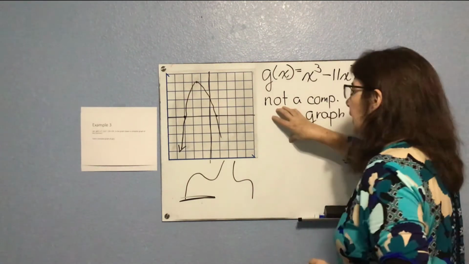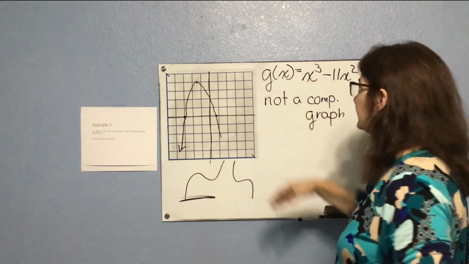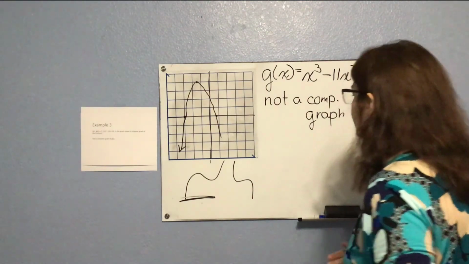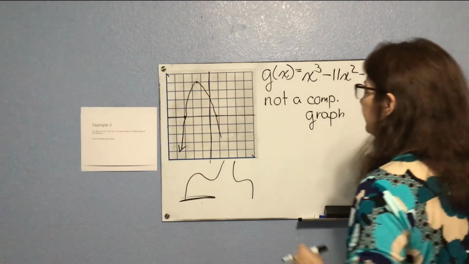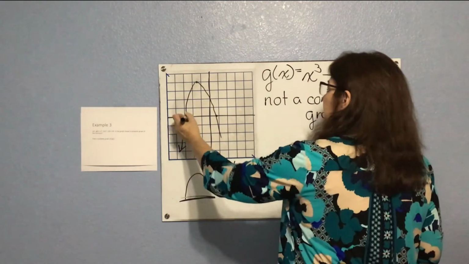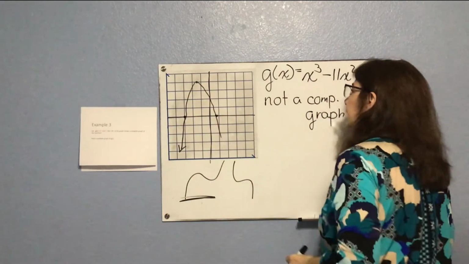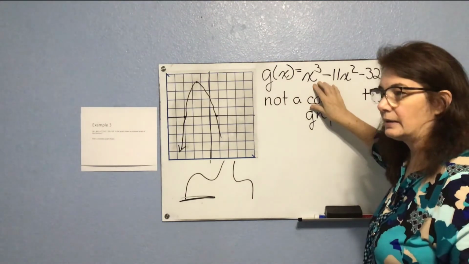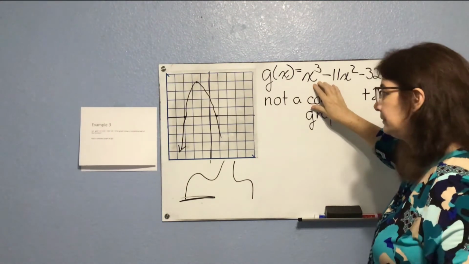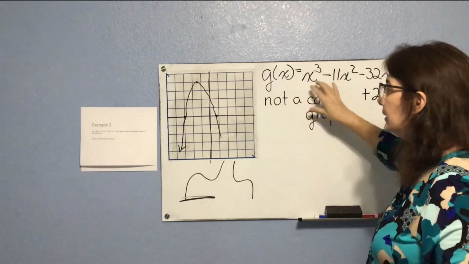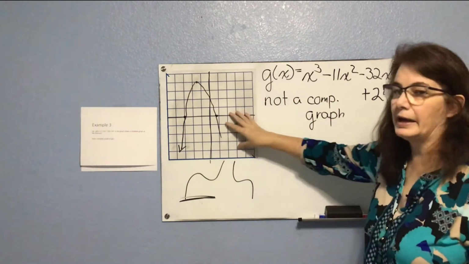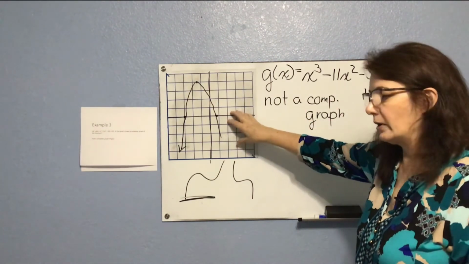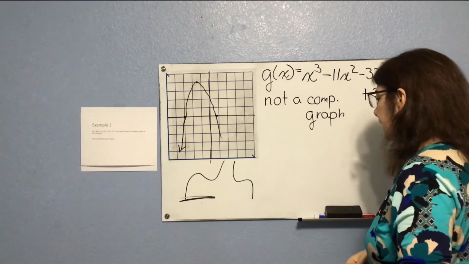Okay, how would I get a complete graph of this? There's a number of ways I could do it. If I know what this x-intercept is and this x-intercept, I can use those to reduce the degree of this function to something that's a little easier to graph. But for right now, I'm satisfied to know that this is not a complete graph, and I need to keep working on it if I need a complete graph.